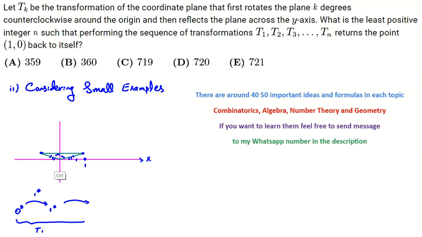So this angle is 1, and this angle will be 180 minus 1, which is 179. After applying T1, we reach these two angles. Now apply T2, T3, T4, T5, T6, and then you can find the pattern of these angles and find the first point where you reach 0. Try this part first on your own.